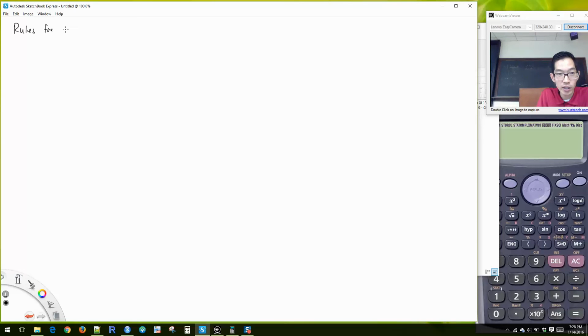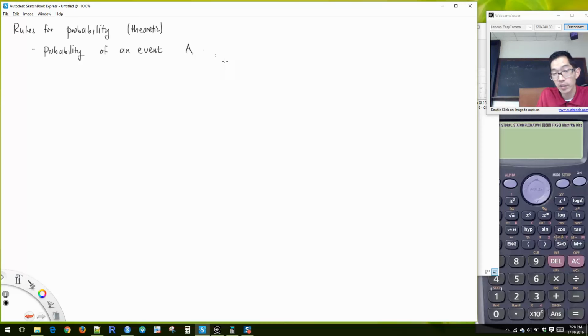So we're going to have rules for probability, and this is the theoretic. All right, and so we've started off and said, the probability of an event.